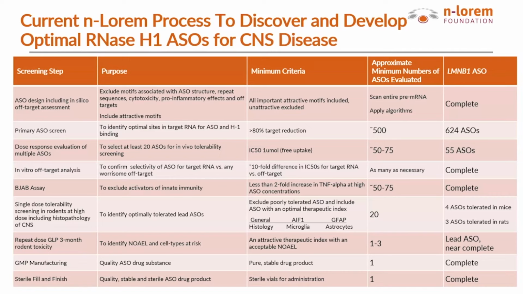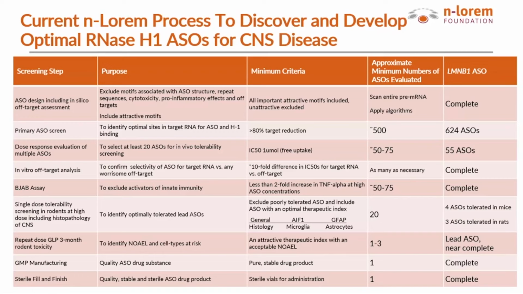Then we move on to what we're calling the BJAB assay, which refers to the cell line that's used to measure the innate immune response. There are some sequence characteristics and also some non-sequence-based characteristics that may lead to activation of the innate immune response, and we want to rule those out. They typically screen between 50 and 75 ASOs. That was completed, and we're moving forward with only those that did not activate the immune system.